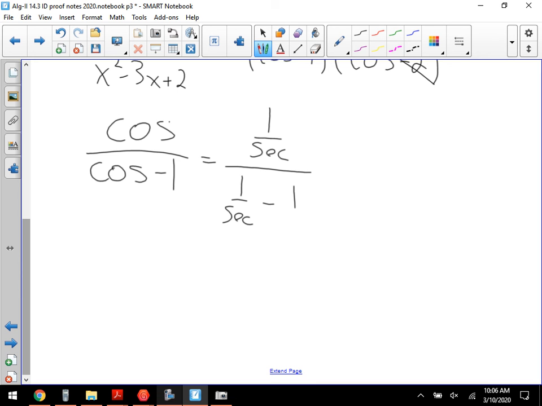Remember doing complex fractions not too long ago? Same thing, same stuff applies. This one's 1 over 1, so for my denominator here, I need a common secant. The fraction on the left has it, the fraction on the right needs it. The numerator is already ready to roll. Take the numerator and the denominator, flip it up.